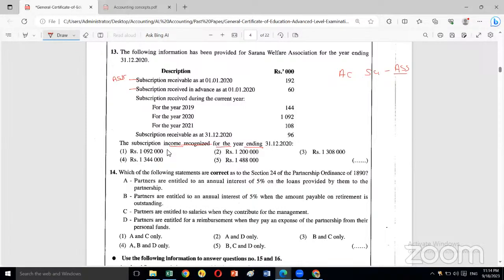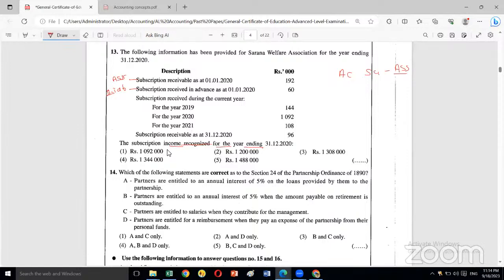Subscription received in advance means income received in advance, and income received in advance is a liability.